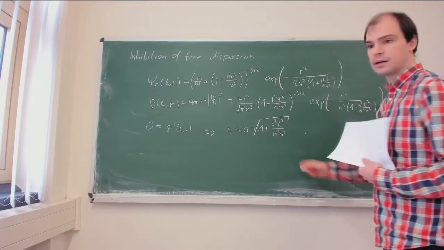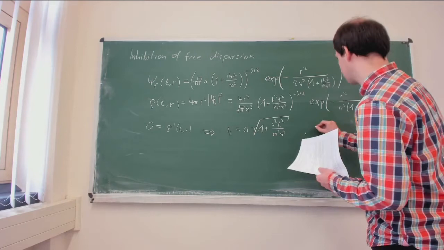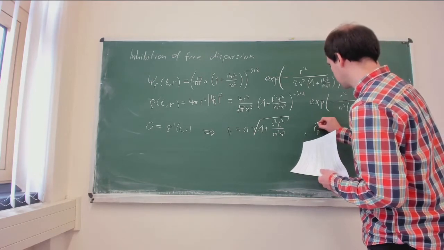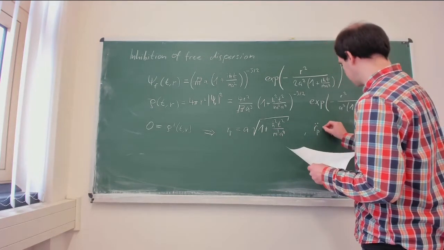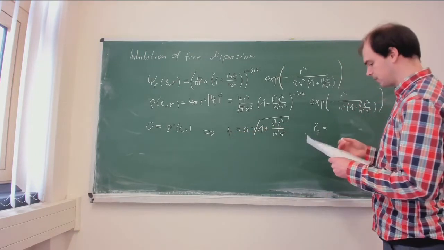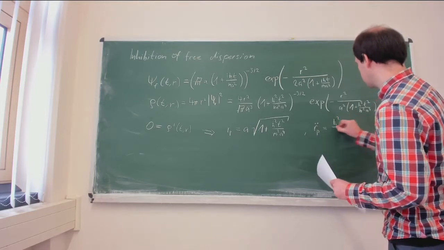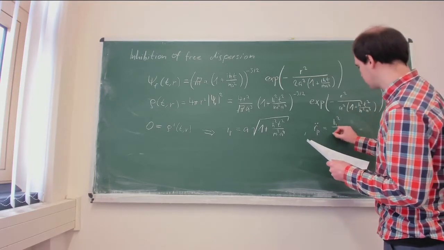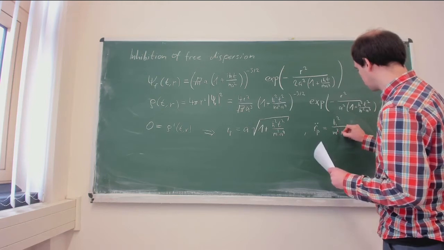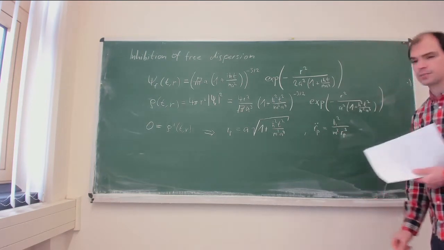And we can calculate the acceleration of the width of this wave function, so the second time derivative of this. And we can just express this again in terms of Rp. So if we take the time derivative here, we find ħ² divided by m² Rp cubed.